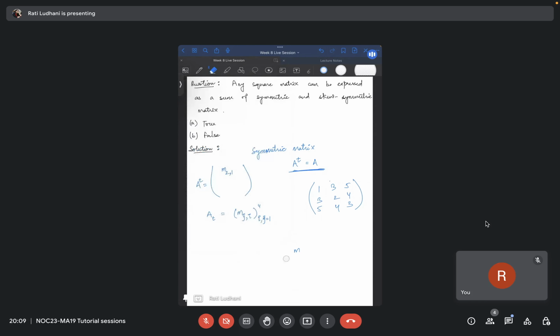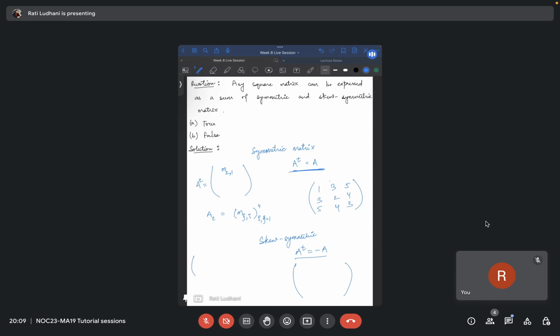For skew-symmetric, A transpose should be equal to minus A. So again, on the diagonal, what can you say? When you compare, as I was writing earlier, let's consider 2 cross 2.